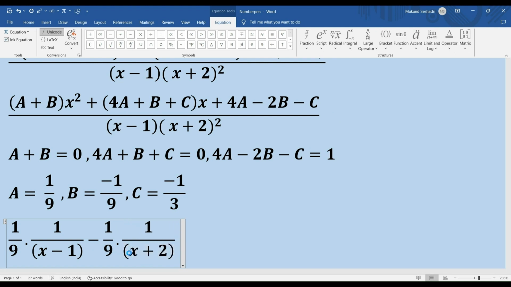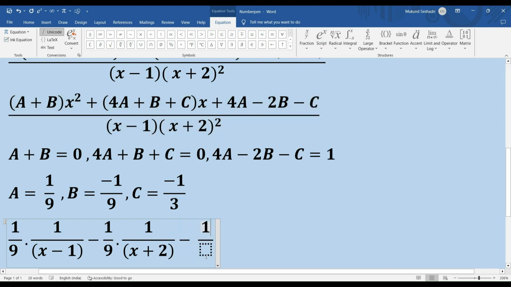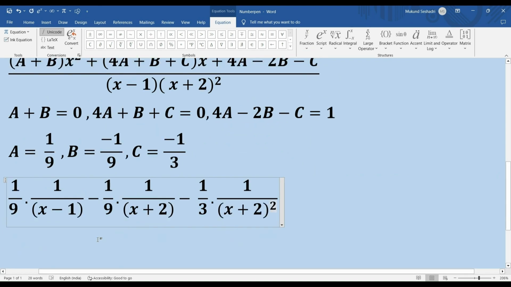And then finally, I have my c, which is minus 1 by 3 times 1 by x plus 2 the whole square. So let's write that down. So this is the expression post simplification.